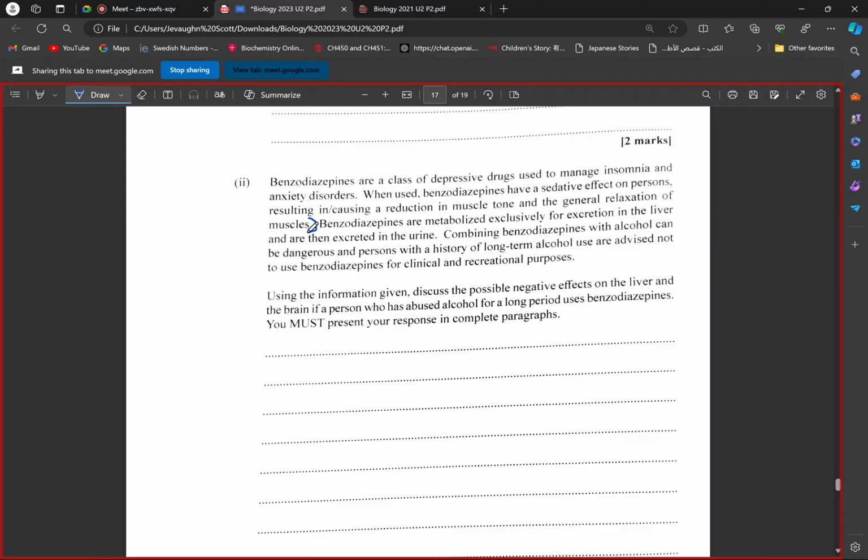So the question asks us to discuss the possible negative effects on the liver and the brain if the person were to do this. What will happen to the liver? What will happen to the brain? The liver would reduce in size. That's interesting, because they say reduce muscle tone, and fibrosis is the fiber that is produced on the liver due to cirrhosis, which is basically muscle.